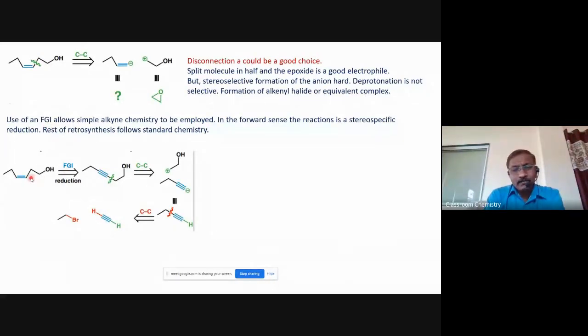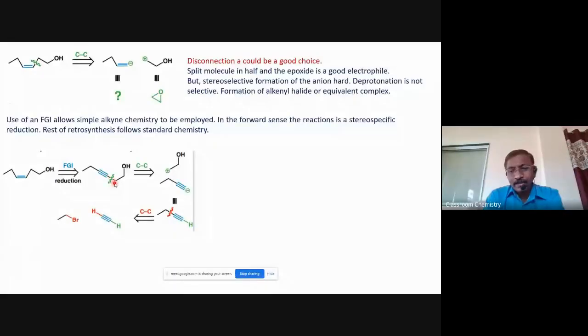In the functional group interconversion, the double bond is converted, and either we take butyne directly or the corresponding acetylene, and we disconnect on either side by using NaNH2.